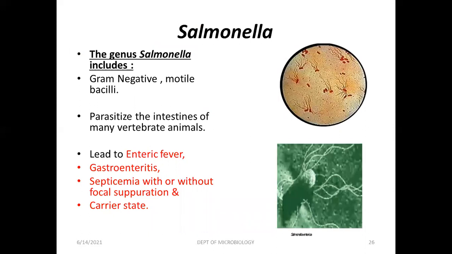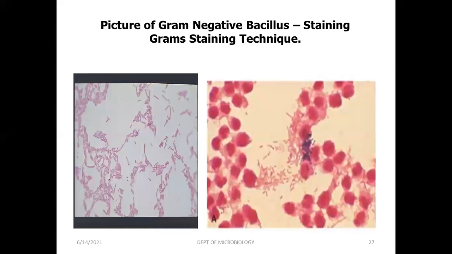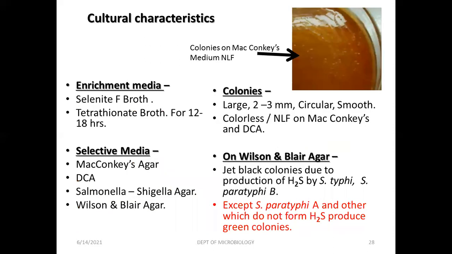This genus includes gram-negative motile organisms having peritrichous flagella. They parasitize the intestine of vertebrate animals, causing enteric fever, gastroenteritis, septicemia with focal suppuration, and carrier stage. This picture shows the Gram stain appearance of Salmonella, which is a gram-negative bacillus.